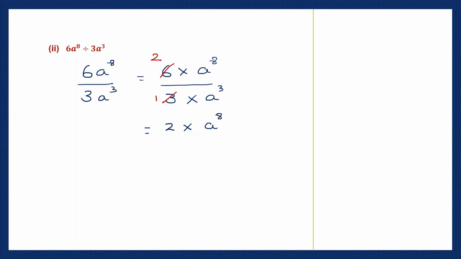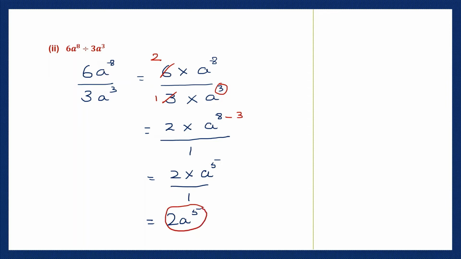Using the exponent law, we're going to move this up. So it becomes minus 3. 8 minus 3. And in the denominator we have only 1. We've removed that a. So now what do we have? 2 into a to the power of 8 minus 3 is 5 by 1, which is 2a to the power of 5. So this is the final answer, 2a to the power of 5.